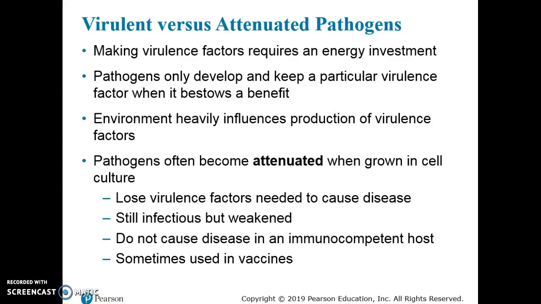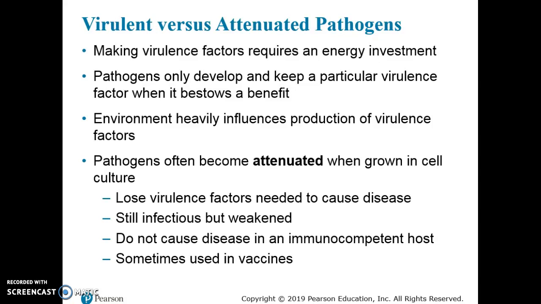All right, pathogens can often become attenuated when they are grown in cell culture. That's taking the bacteria and putting it into a human cell, not a human host, say a human being, but rather a human cell.